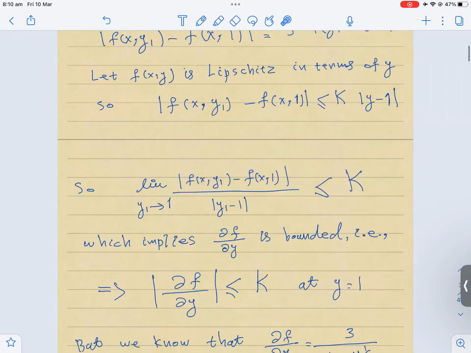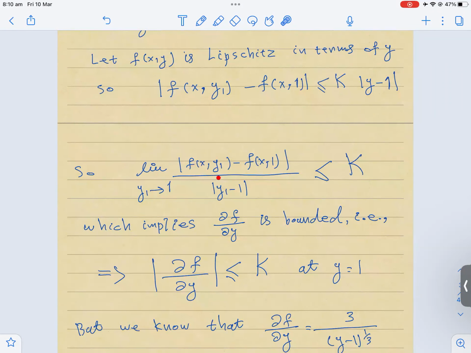But what is this fraction? It is nothing but the definition of the derivative of f in terms of y at 1. So this implies that the derivative of f in terms of y is bounded at y equal 1.